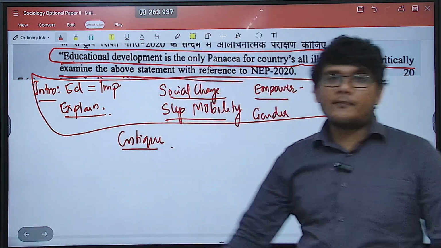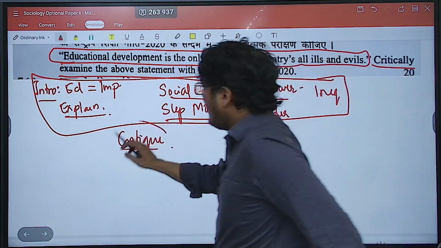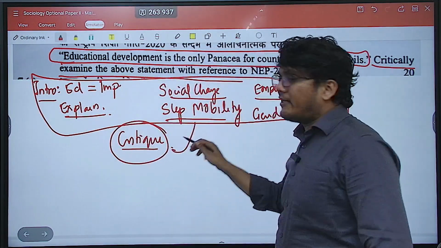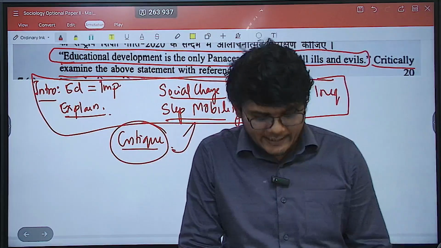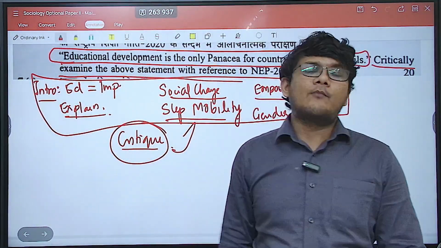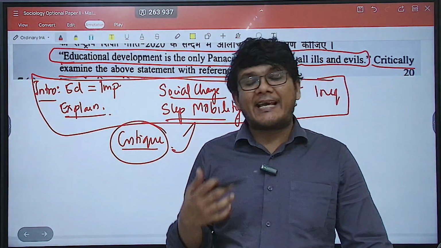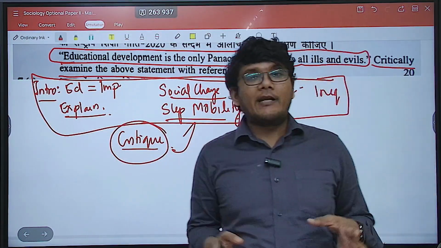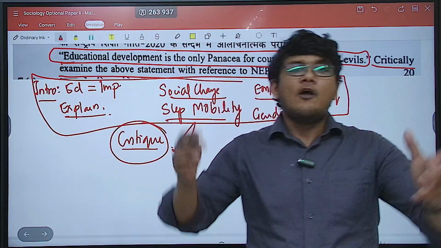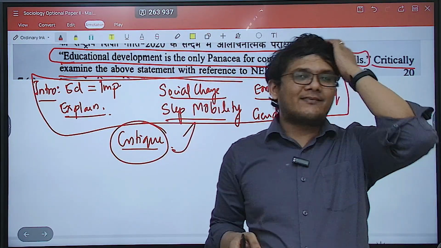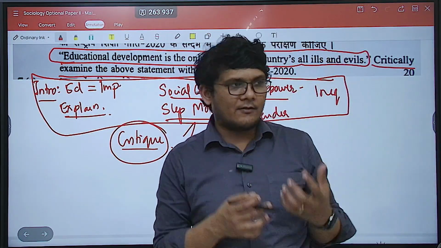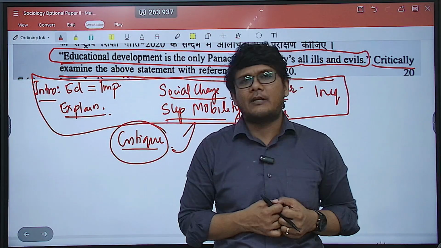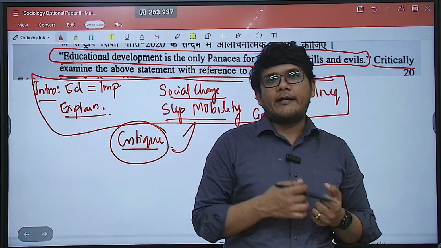The critique part would be that education, even though it is providing upward mobility, is not providing upward mobility for the entire section of that community, but rather only for the specific person. For example, in a family, let's say a Dalit family, someone gets educated, someone gets a job.